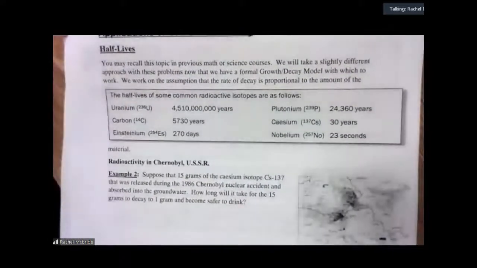So here we have our half-life. These are actual real-life data. This is actual real-life half-lives. So we've talked about this probably in science classes, where you talked about these different elements and how they exist.